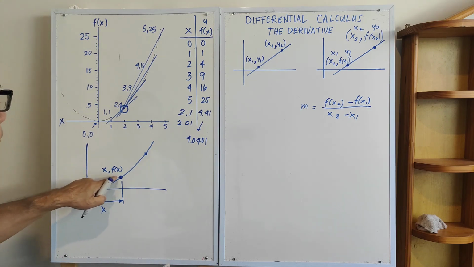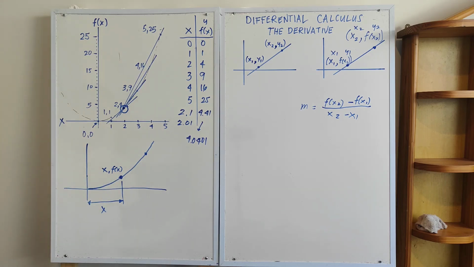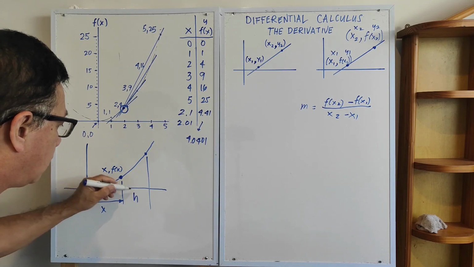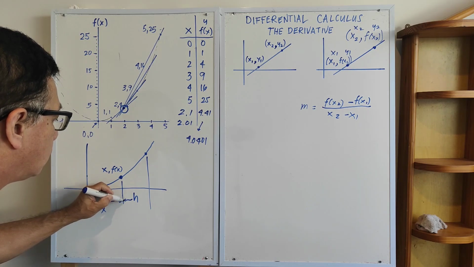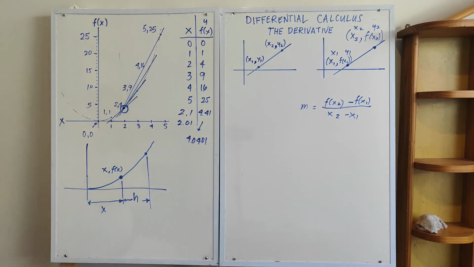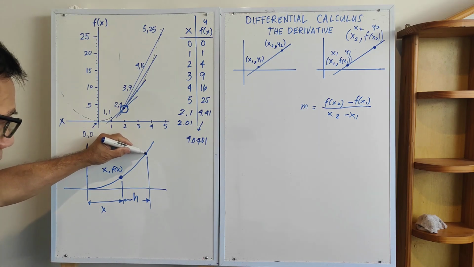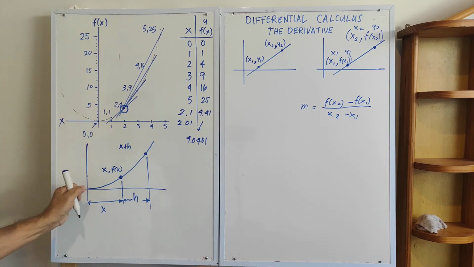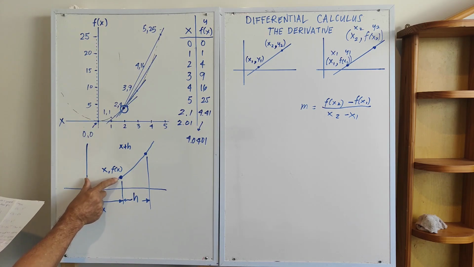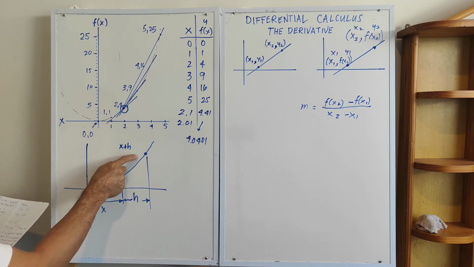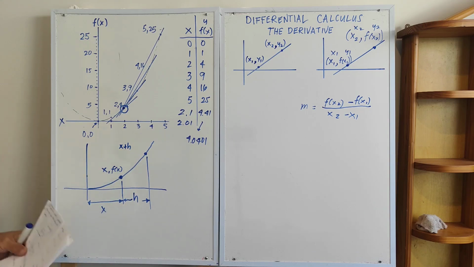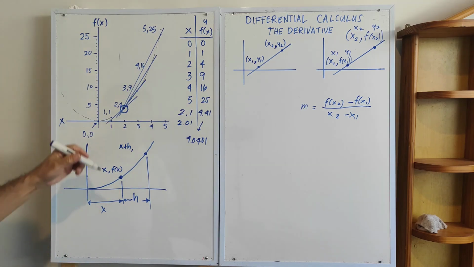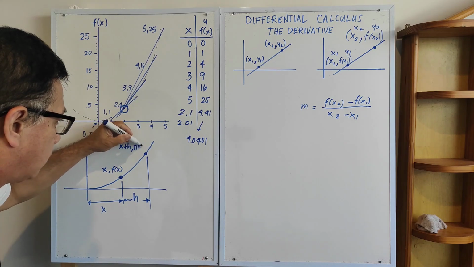That's why the point in here is x. Let's say the distance from here to here is h. So this point would have the value x plus h, because this is x. Now the y component would be the function of x plus h.